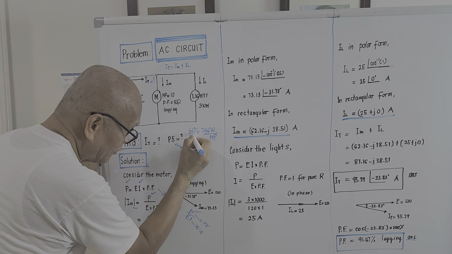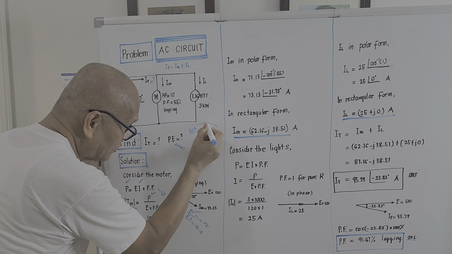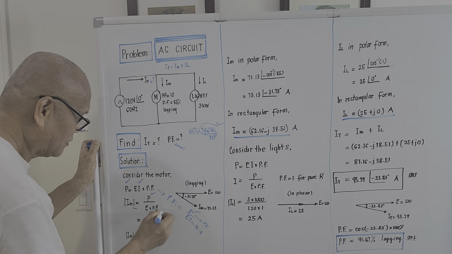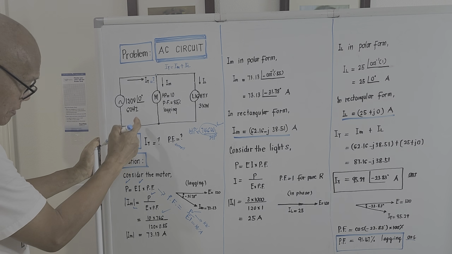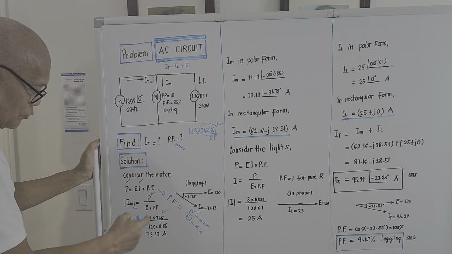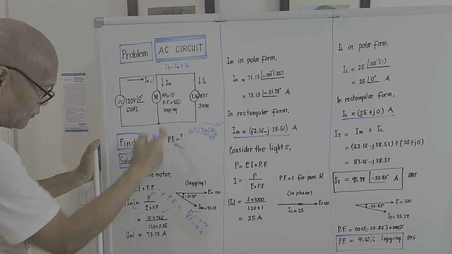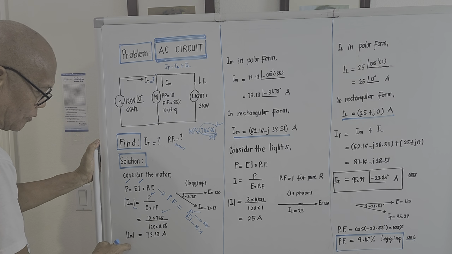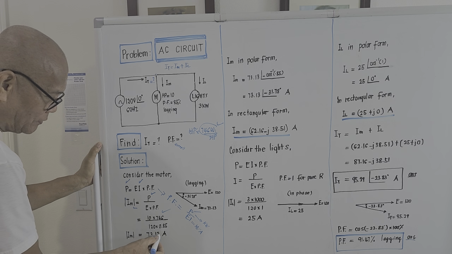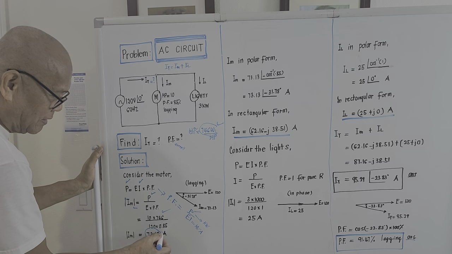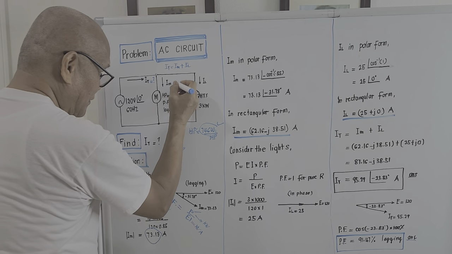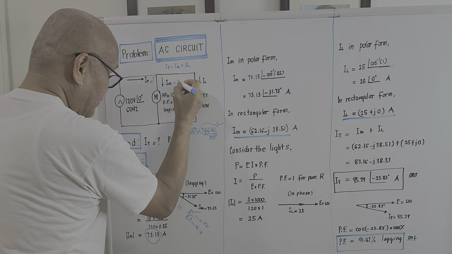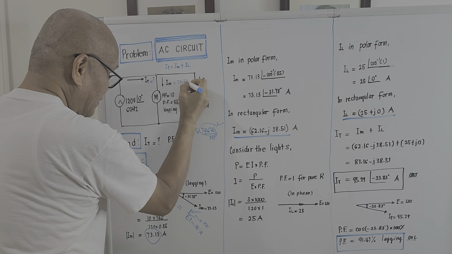So actually this horsepower here cancels, so there is a factor 746. The value of the voltage is 120 and the power factor is 0.85. If we try to compute for the absolute value of the motor load current, it is 73.13 amperes. That's the magnitude.